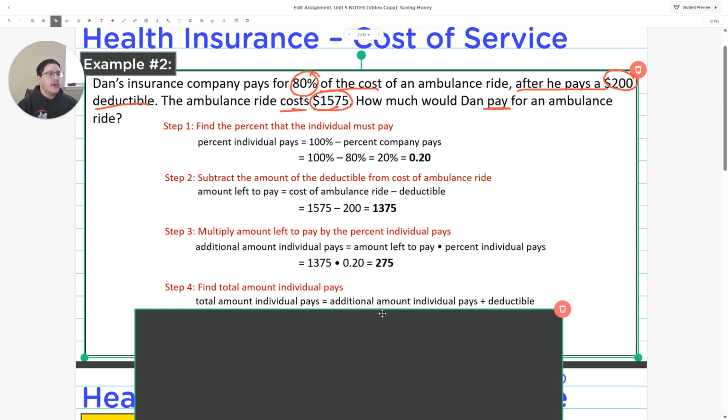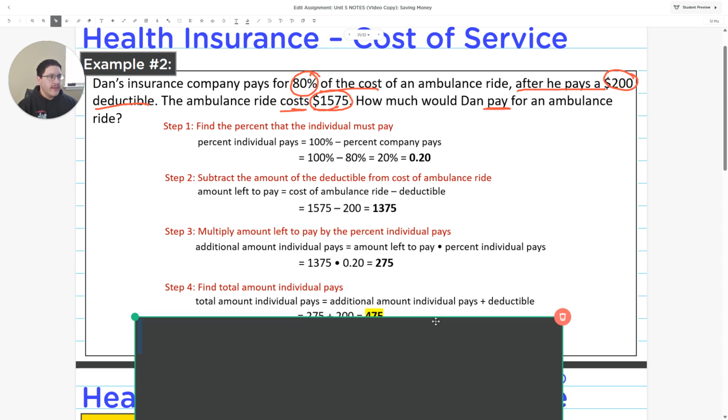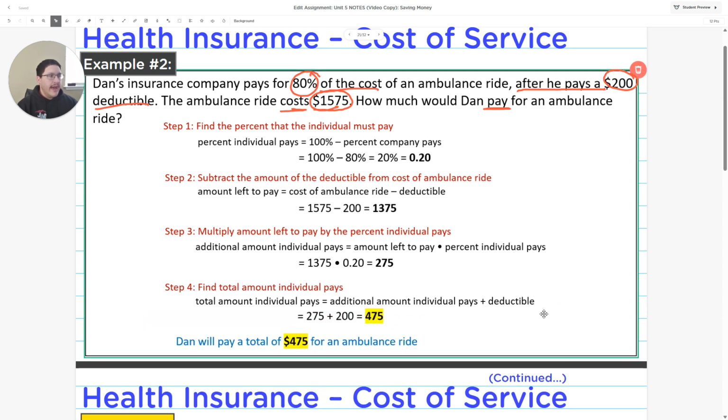We add those two things together, the deductible and what he had to pay for the ambulance ride. So $275 plus the $200 deductible, we have $475 that he will have to pay for this ambulance ride. And that's it for example number 2.